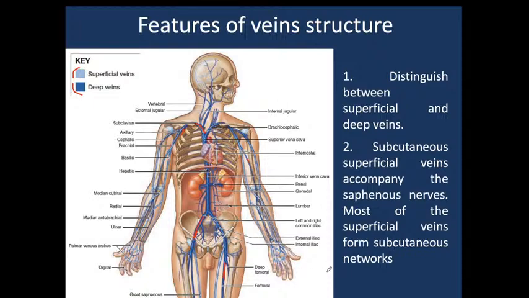It is a difference from arteries, because we cannot find superficial arteries. They are always located deep together with the deep veins, but only superficial veins are visible under the skin.